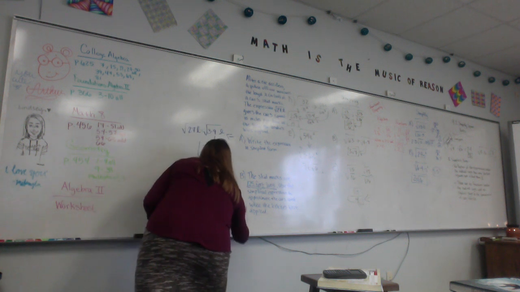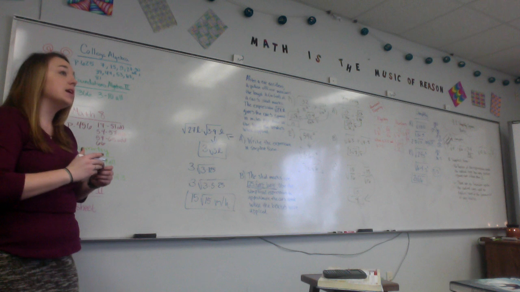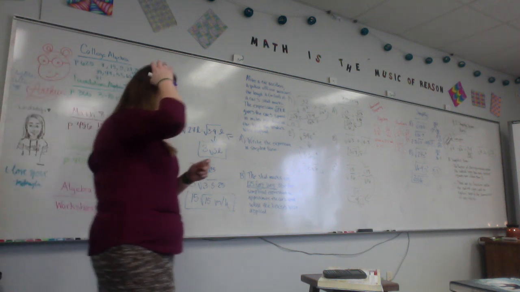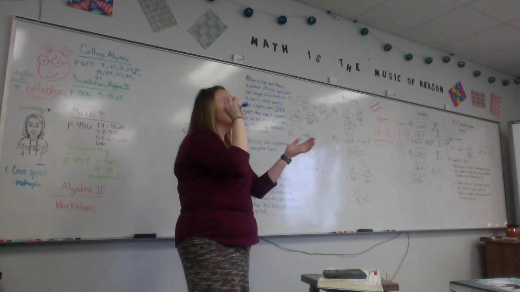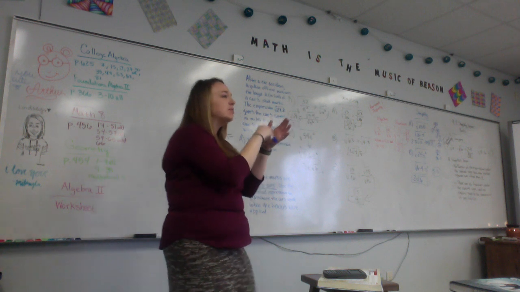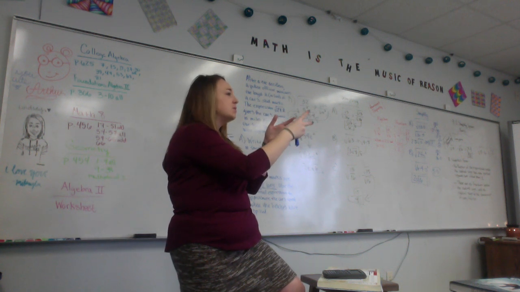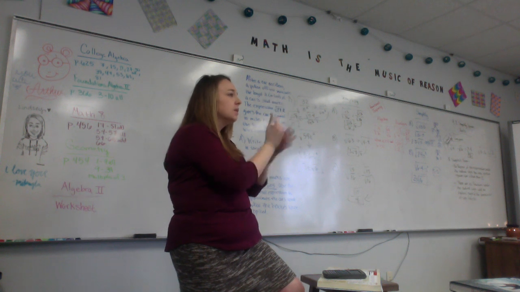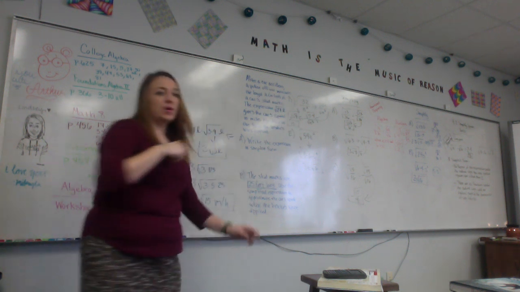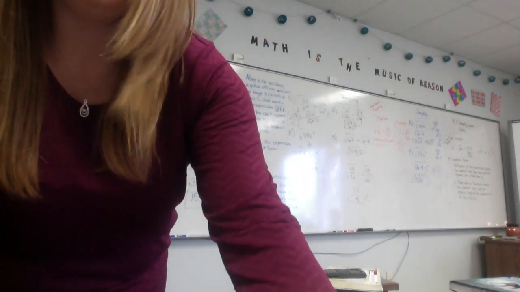So you can leave it in that form for your answer. Whatever you have on the outside, you always multiply together. And whatever you have on the inside, when it's in simplest form, you just multiply it back together. Okay? That is what you are doing for your homework. Let me give it to you.